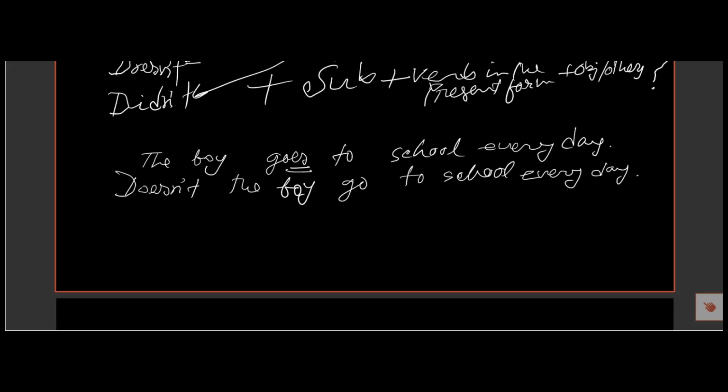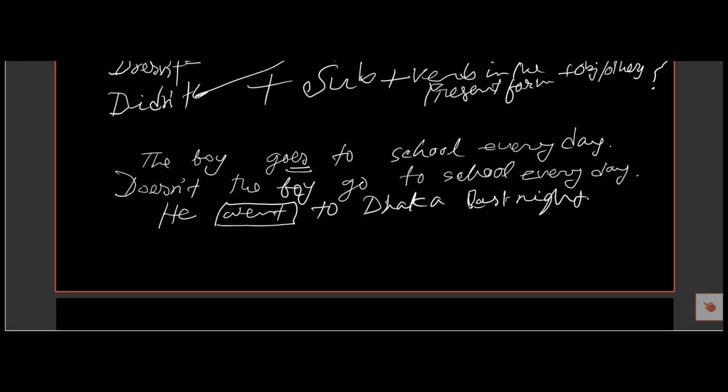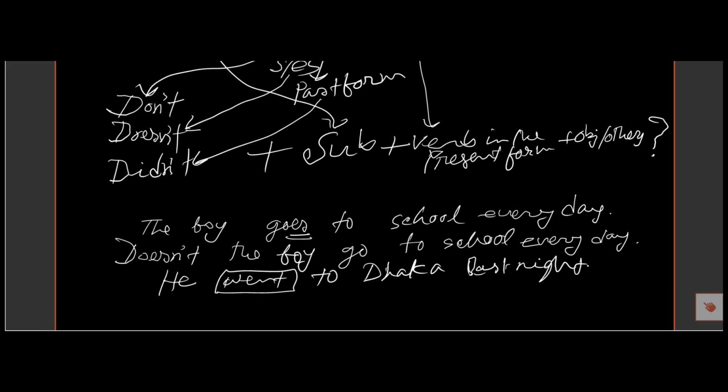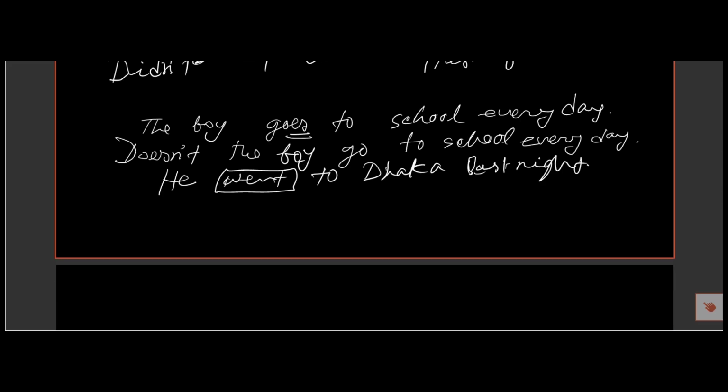We can see another example. He went to Dhaka last night. Here the verb went is in the past form, so if the verb is in the past form, then it takes didn't.